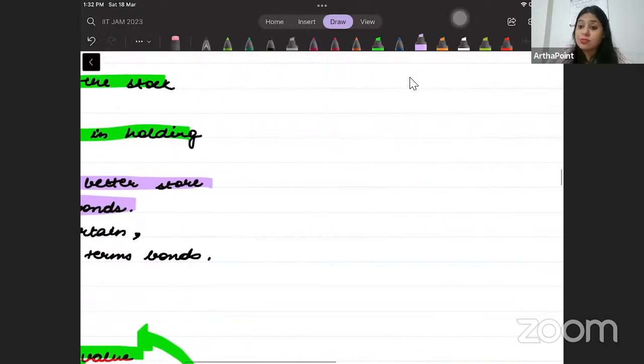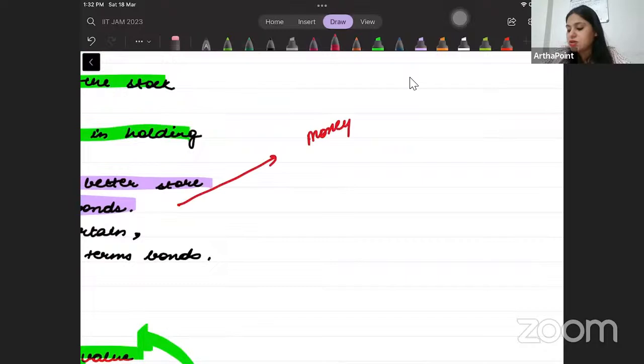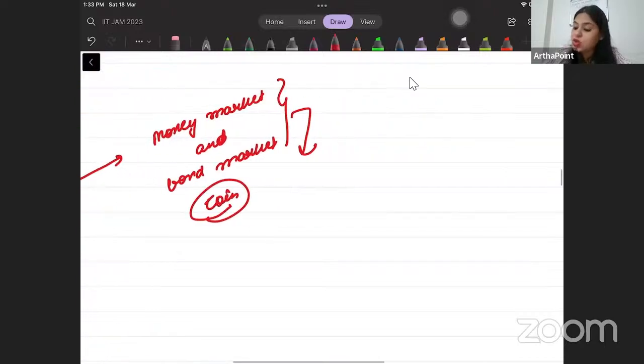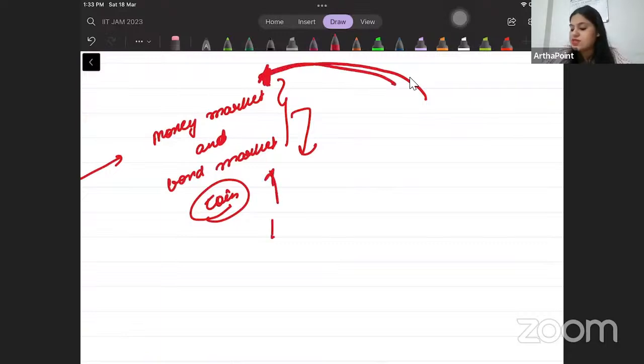And if you remember, we actually went ahead and said that money market and bond market are, again, two sides of the same coin. So what is happening? When you invest more in money market, you invest less in bond market.